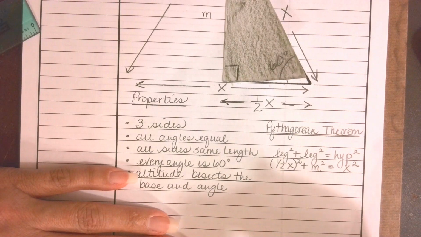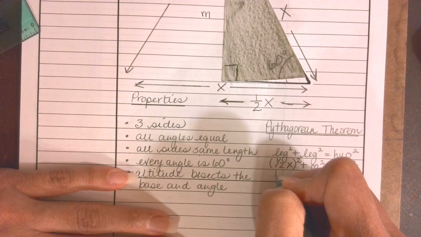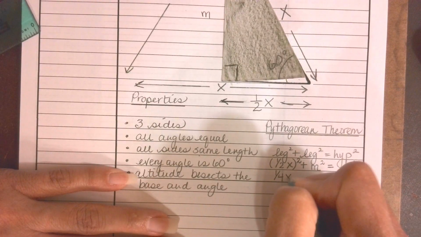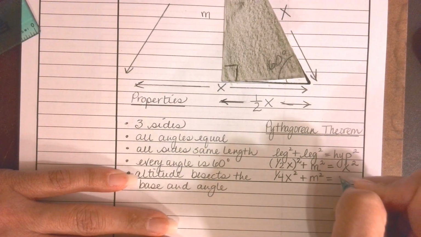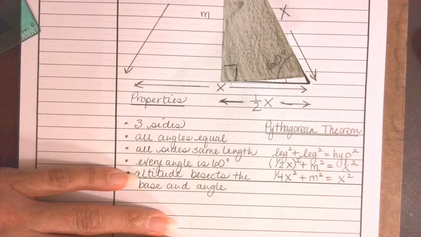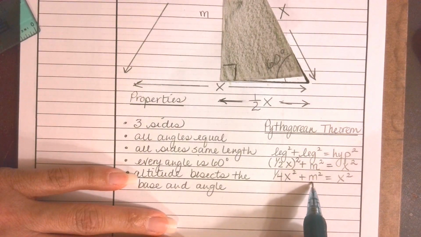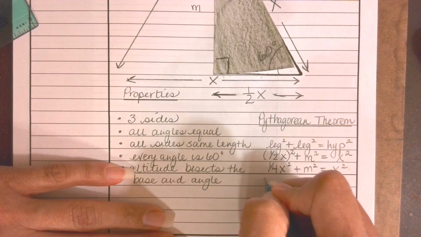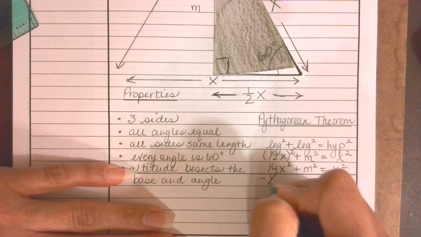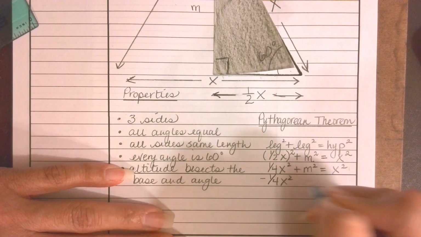Well, that's going to be 1/4 x squared. 1/4 x squared plus the m squared that we're looking for equals x squared. I need to isolate my m squared. I need to solve for it, so I need to move this over. So I'm going to subtract 1/4 of an x squared on both sides.